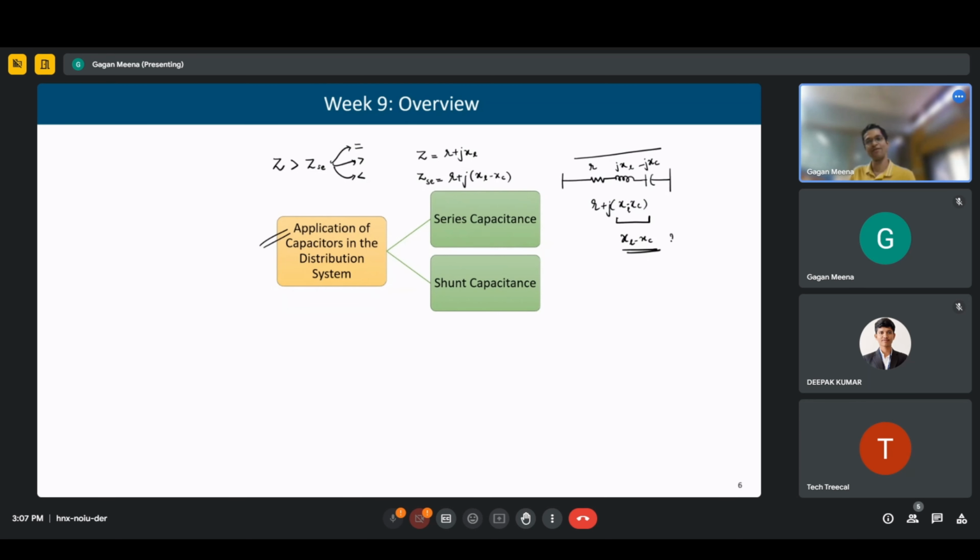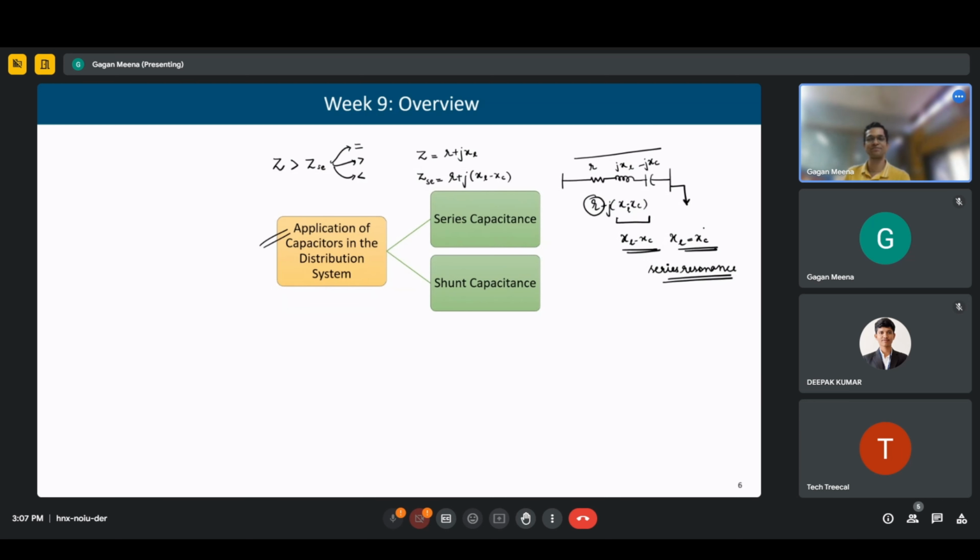So if both are equal, XL equals XC, and there is only resistance, then it will be a case of series resonance. There will be no reactive power. Whatever reactive power is required by the load as well as the reactive power losses happening in the line, both are catered by the capacitor itself.